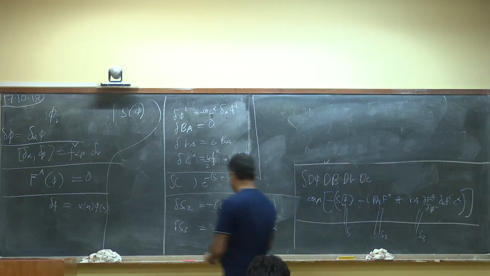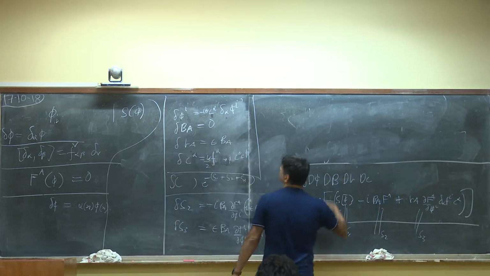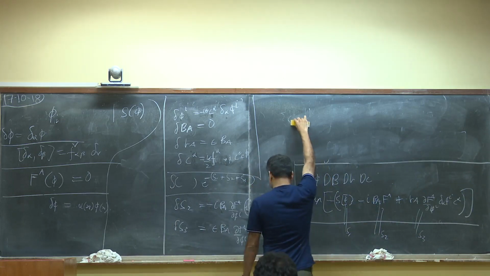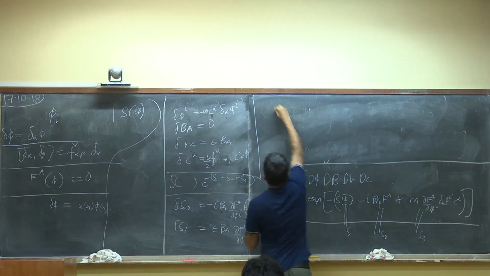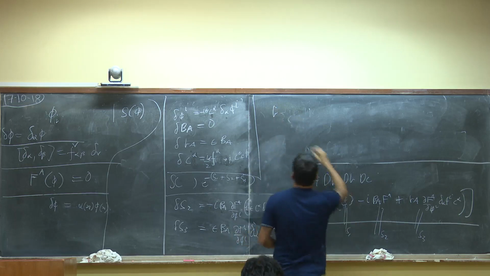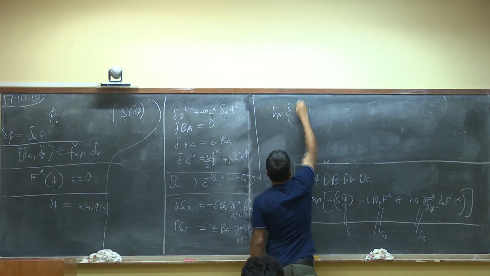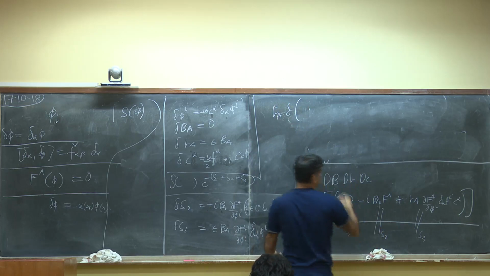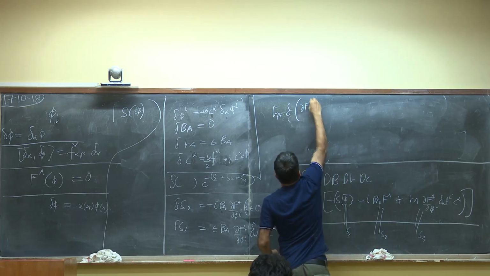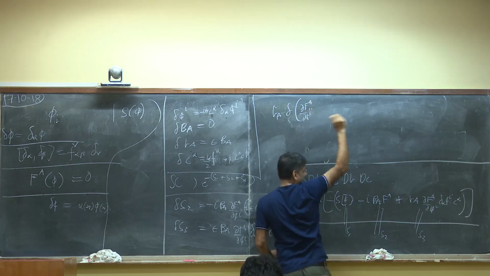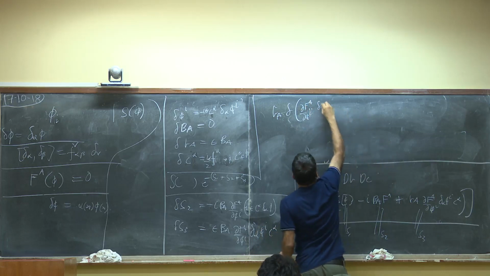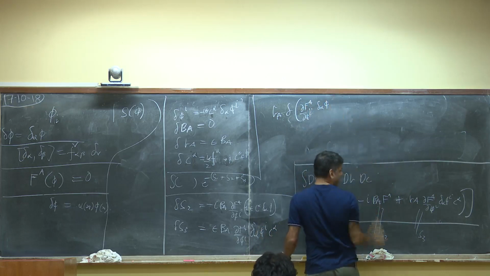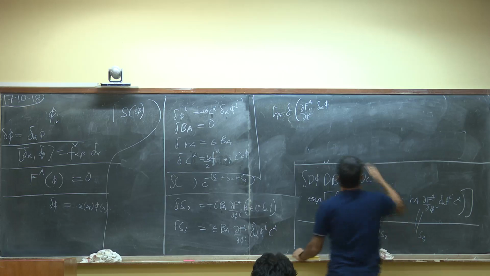So now the remaining change is the change in B A times delta of del F A by del phi I, del alpha phi I.